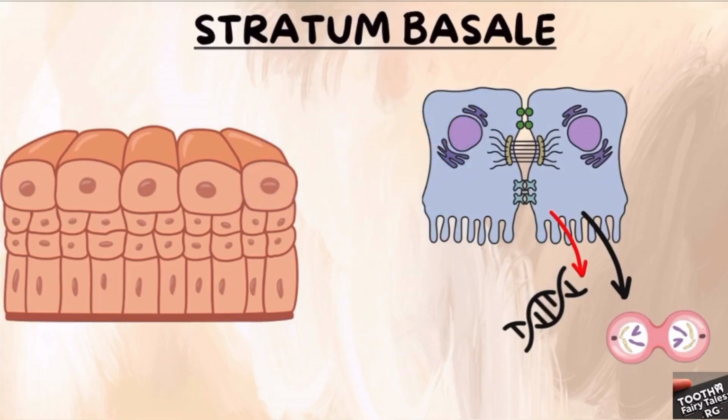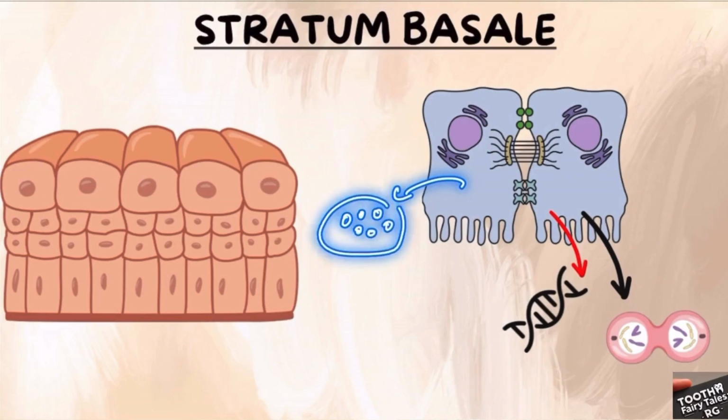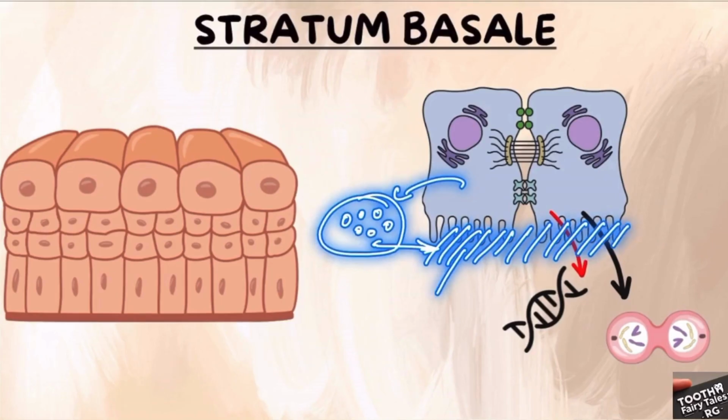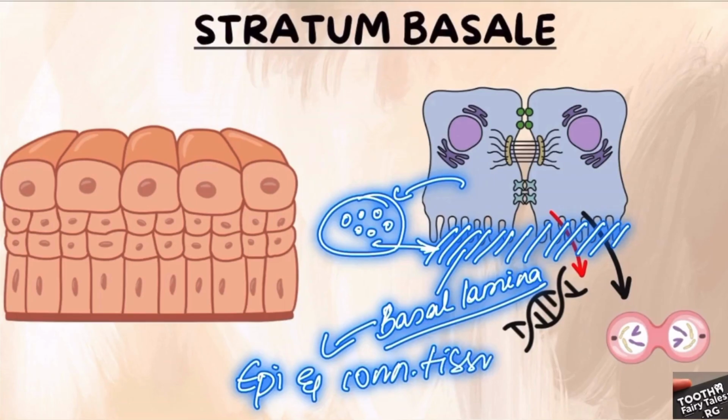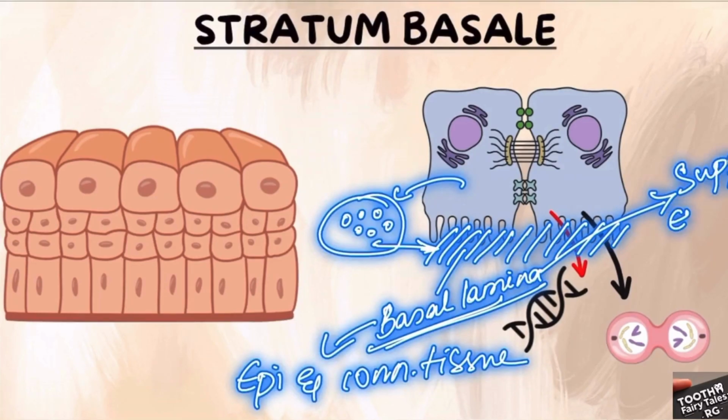So some of the proteins which are produced by the basal cells are responsible for the formation of the basal lamina. This basal lamina is an important structure which connects the epithelium and the connective tissue. And this basal lamina is also an important structure in supporting the epithelium.